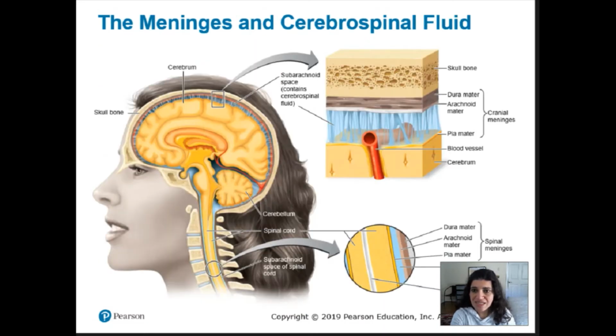What I was saying is that the arachnoid is going to be a net with capillaries around. And in that subarachnoid space, you have drainage of the fluid that is called cerebrospinal fluid.